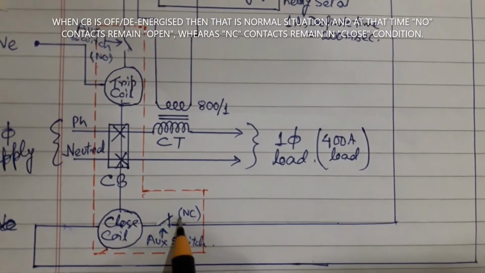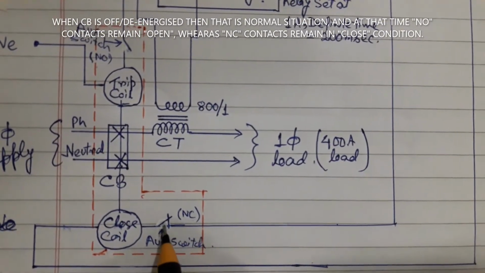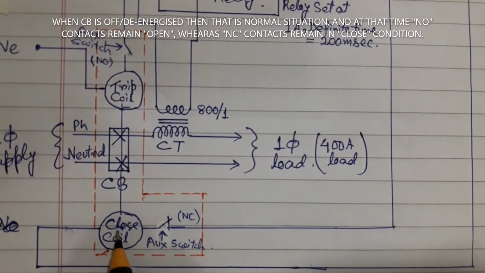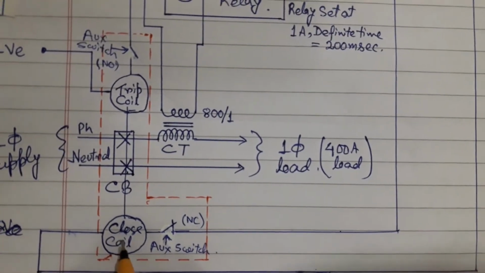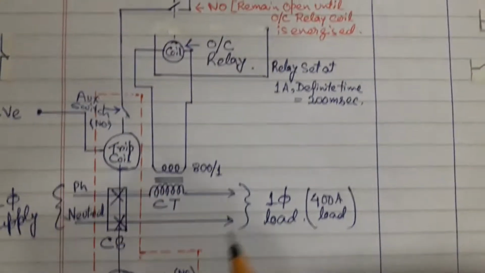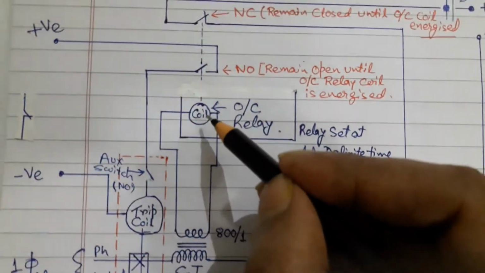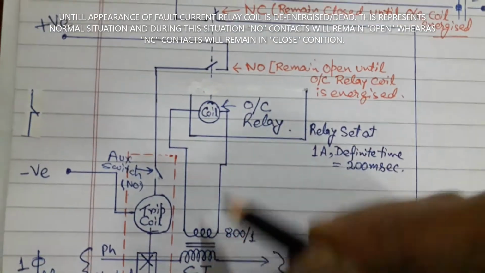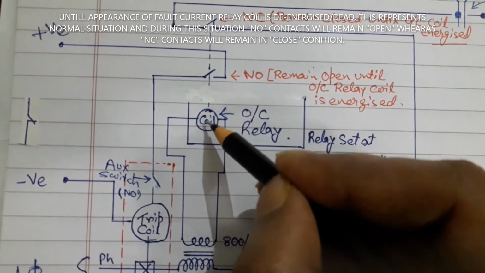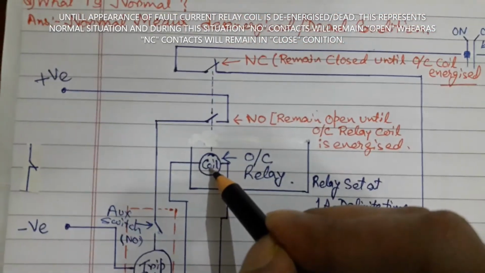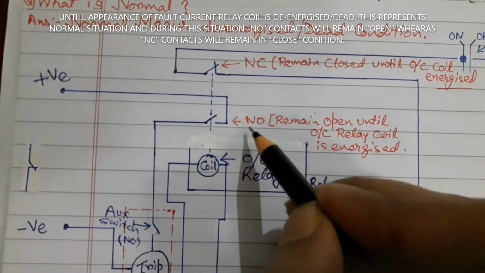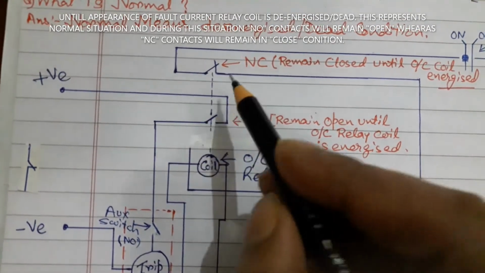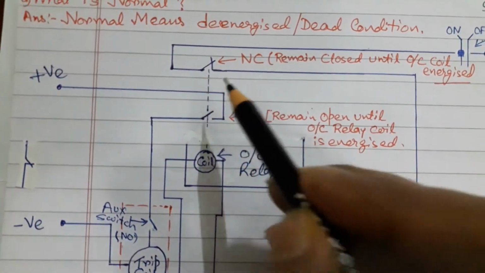That means this contact will be in closed condition when this is dead or de-energized. Now for the case of the relay also, when this is dead or when this coil is not energized, that is the normal condition, and in that condition this contact will be opened and this contact will be closed.